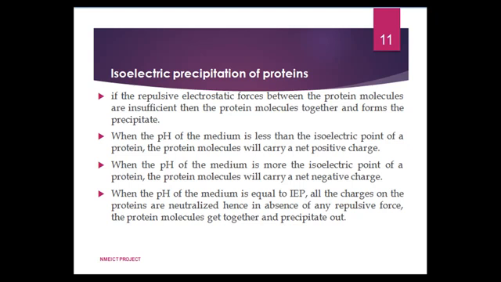Solubility of protein is the result of polar interactions with water molecules and, to some extent, the repulsive electrostatic forces between the protein molecules themselves. If the repulsive electrostatic forces between the protein molecules are insufficient, then the protein molecules get together and form the precipitate.